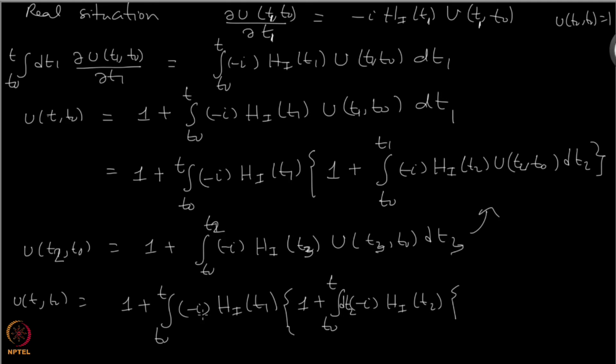I should write dt1. And when you substitute this, you get 1 plus integral t naught to t2 of Hi of t3, and u of t3, t naught, and you have a dt3. So this is how it will go. So you keep substituting for u this expression.